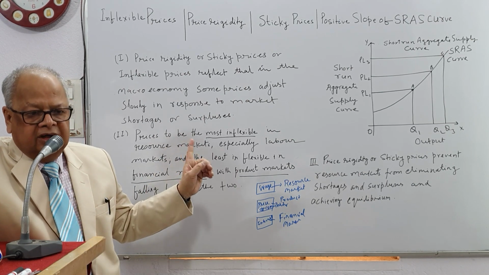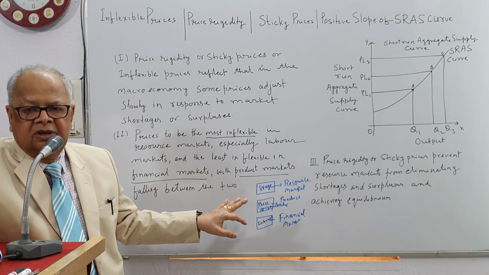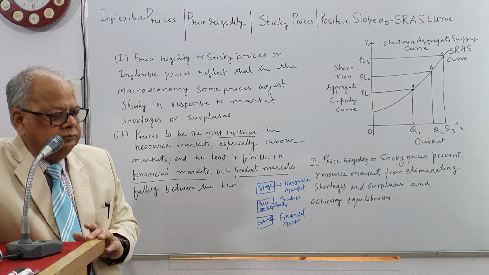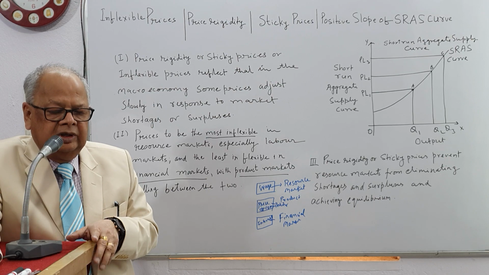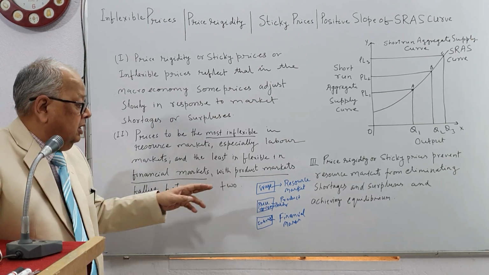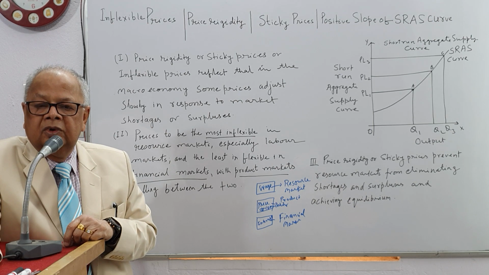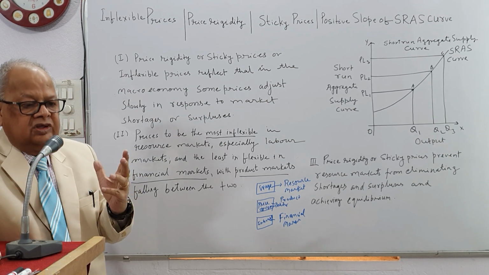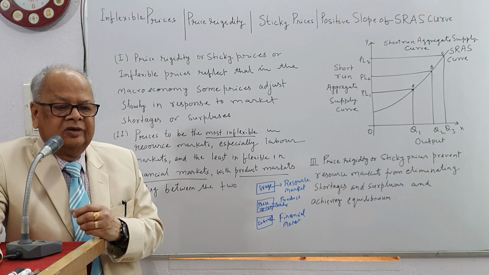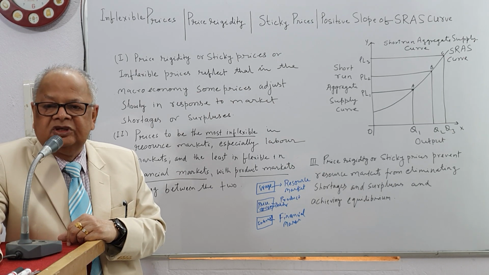So in the economy at large, when we are discussing macroeconomics, we have production first, then consumption, then the rest. Production requires factors of production. The labor market price is wage. Wage is not flexible; it has a tendency to be rigid.